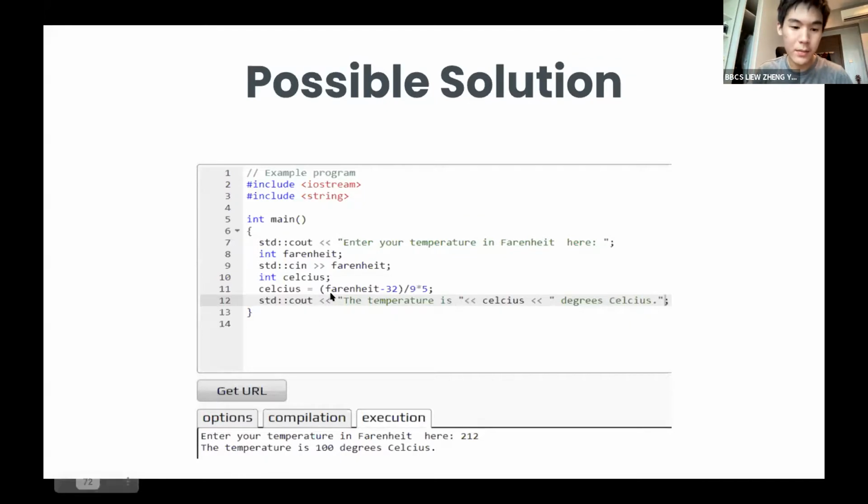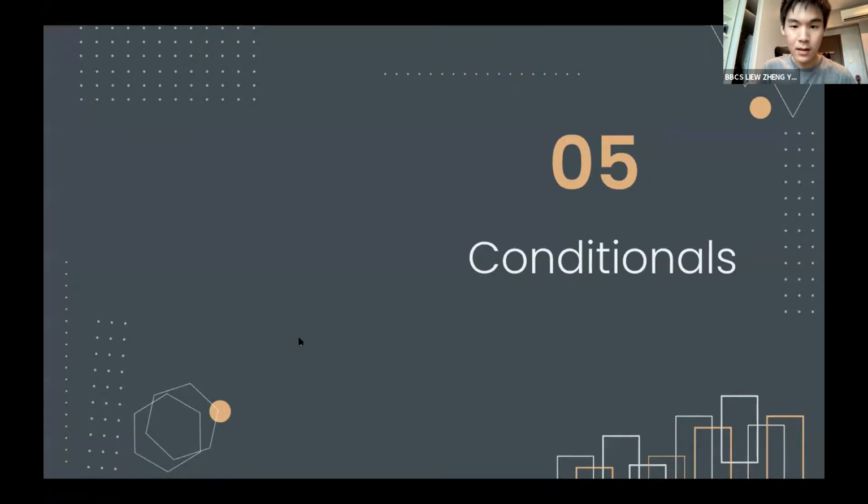And then in the terminal, it should look like this. Enter your temperature in Fahrenheit, and you say you type in 212. Then from line 12, from the output chaining and the variable manipulation, you would get the temperature is 100 degrees Celsius. So I hope you guys had fun with that.